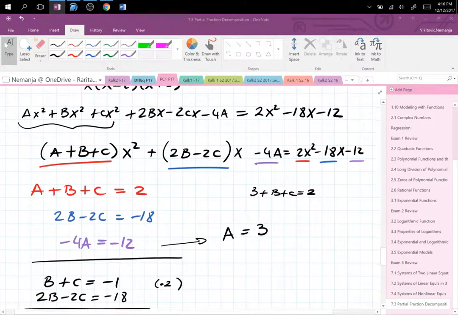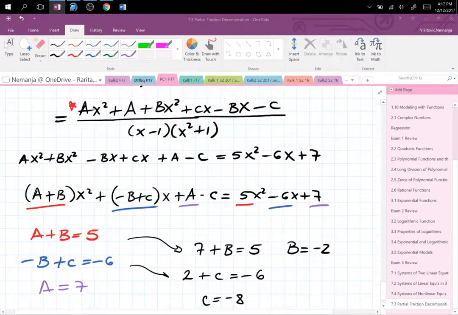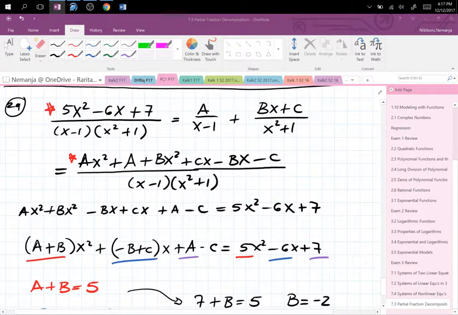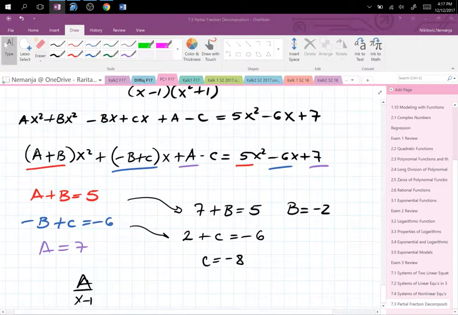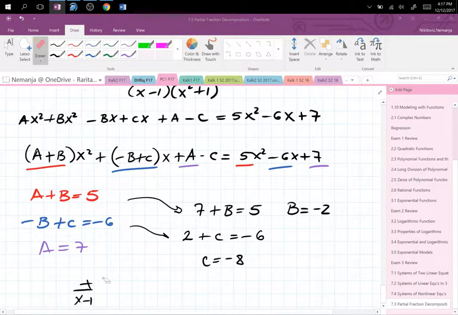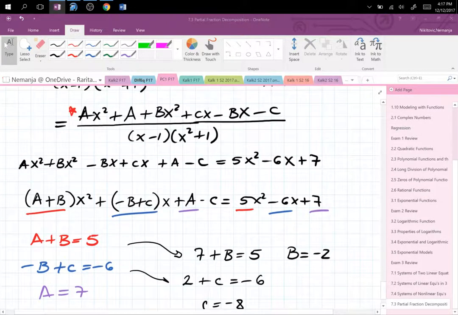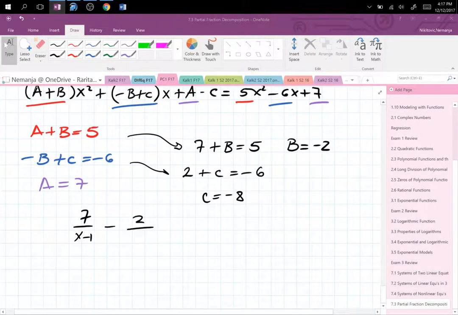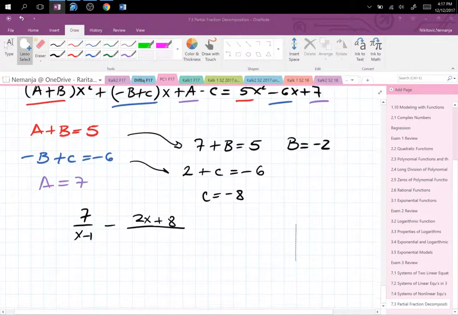Right, so a over, oh wait, I have a 7. Getting confused. There we go. Minus b, which is 2 over, oh no, it's a bx plus c, so plus 8. And before you jump screaming, observe the negative. X squared plus 1.